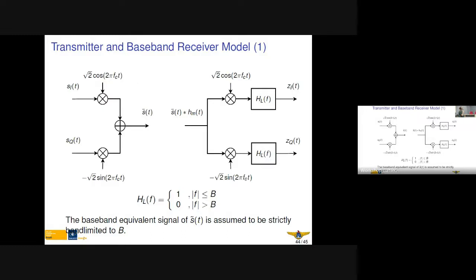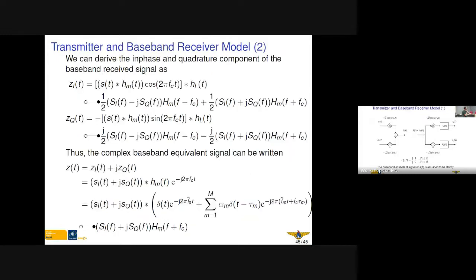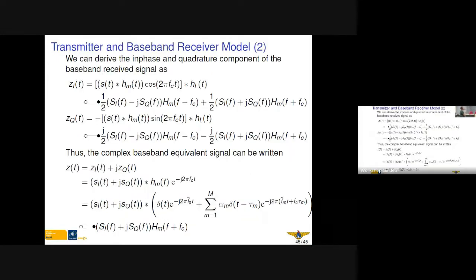The passband signal S tilde of t is convolved with the multipath channel and passes through these low-pass filters after multiplication with the square root of 2 cosine and sine terms, and we end up with the signals here after down conversion, the in-phase and quadrature components of the baseband signal. And we can do this applying again the low pass filter H_LP of t.